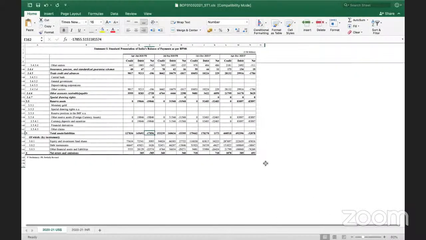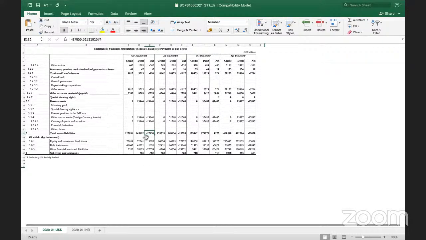It's taking time to become visible. It's still loading. Okay, we can't see the Excel sheet. Can you see it? No, sir. Can you see it? Yes, sir.